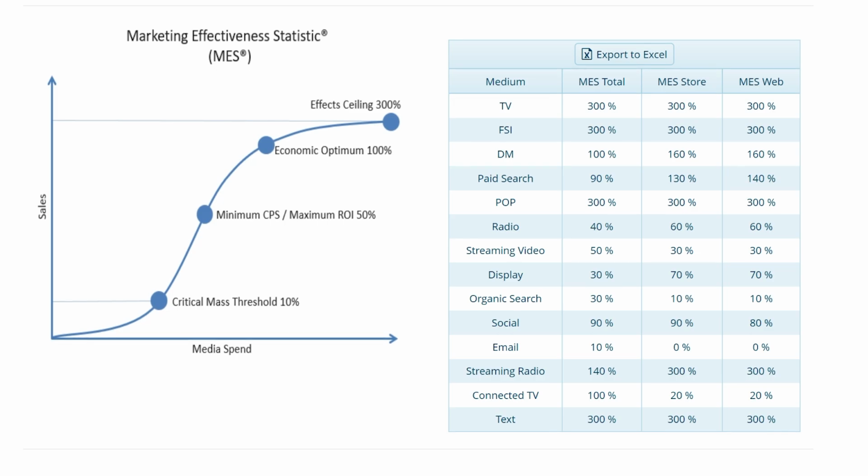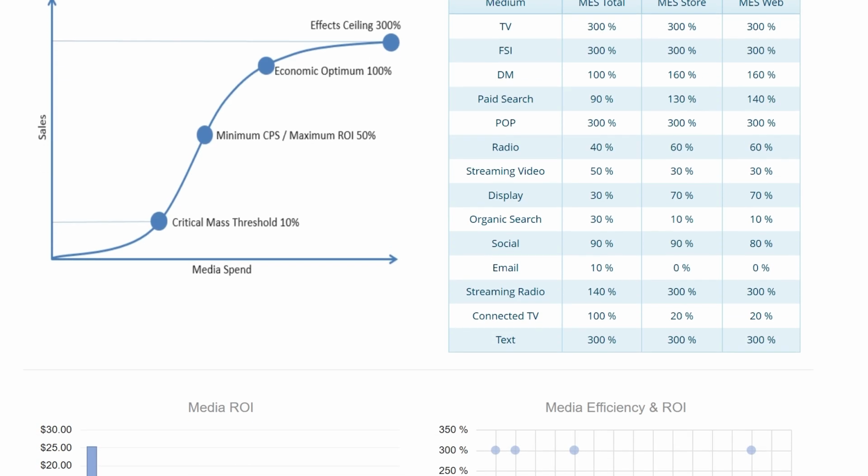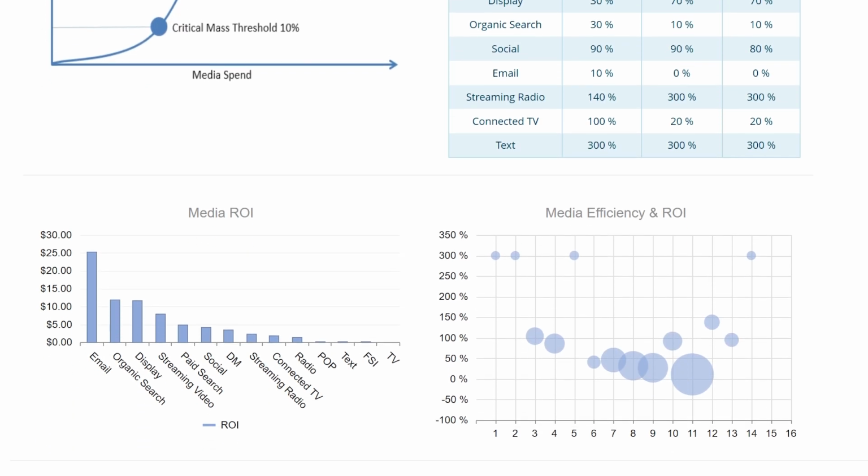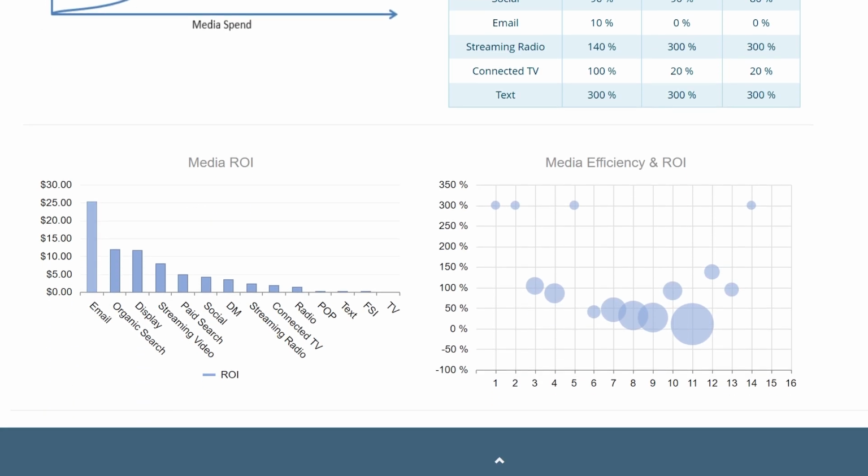In this example, you can see that TV and FSIs are 300% or 3 times the economic optimum, which means that these channels are at the market effects ceiling and will receive less funding when the overall media mix is optimized. This is also reflected in the media ROI and media efficiency and ROI charts.